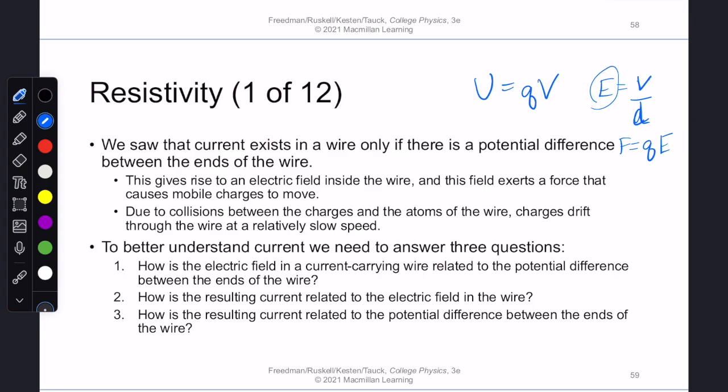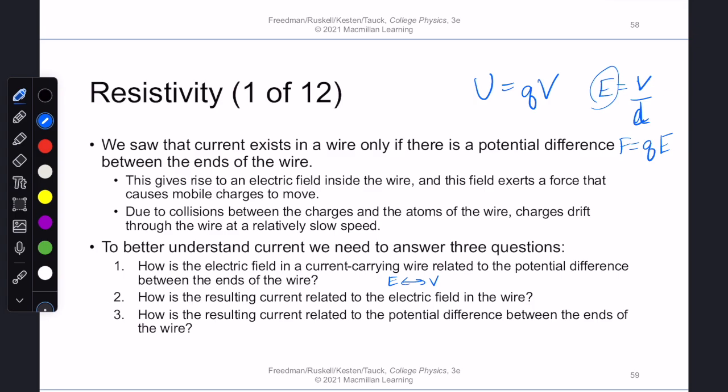So that's kind of setting us up for our discussion. We're looking at what happens to a wire when we apply a particular potential difference to it, and specifically what happens to the current in that wire. To help us understand the behavior of the current, we're going to look at three relationships. The first is how the potential difference and the electric field are related.